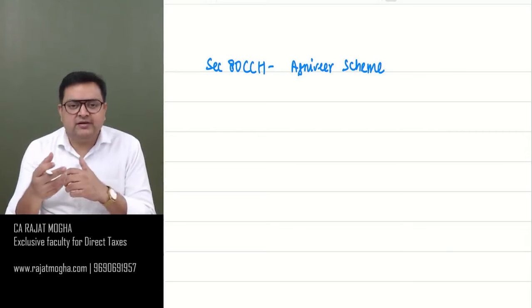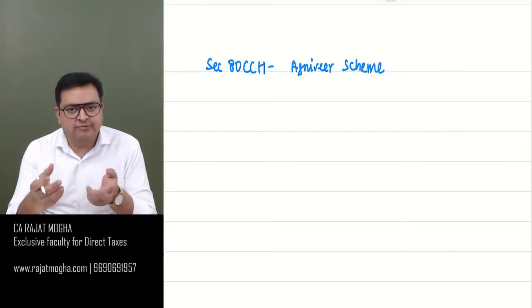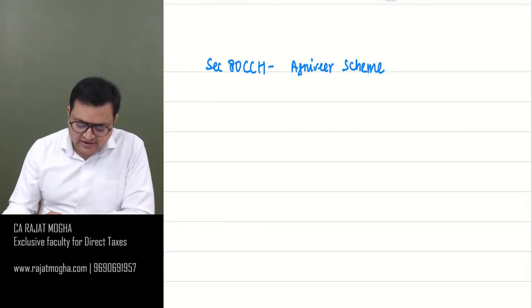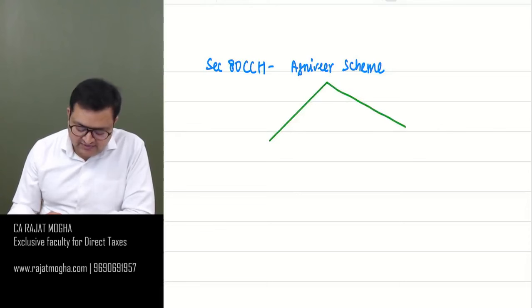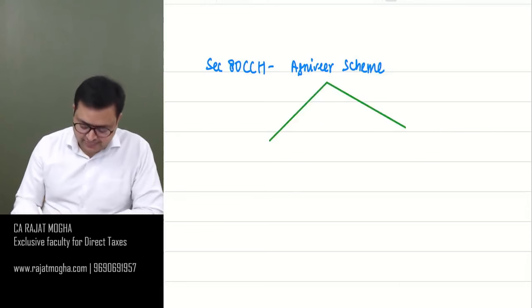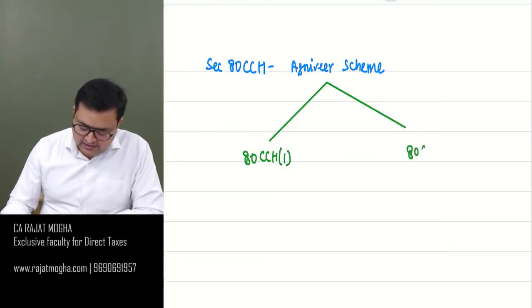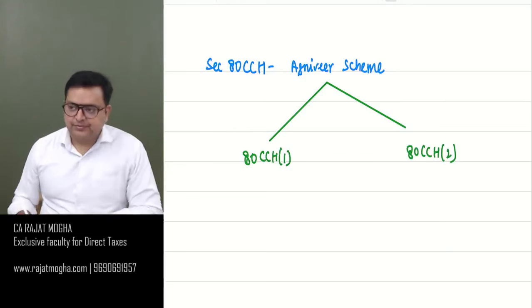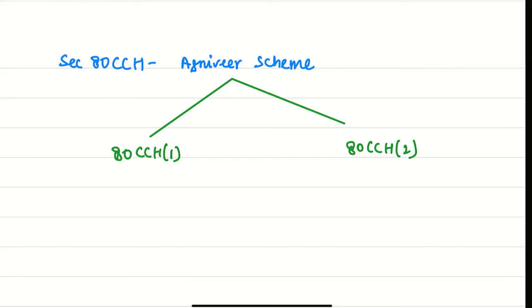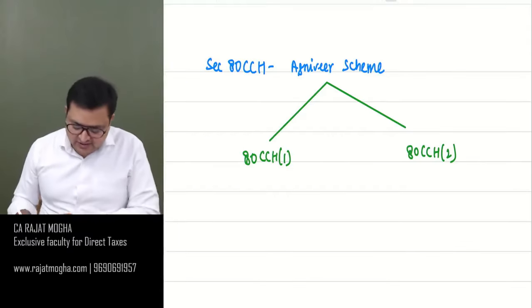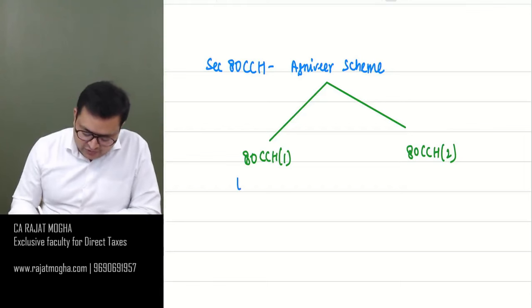And every year, whenever you are employed, you can take the deduction of 80CCH also. What is 80CCH? 80CCH is divided again into two parts: 80CCH1 and 80CCH2. 80CCH1 is the employee contribution, and 80CCH2 is the employer contribution.